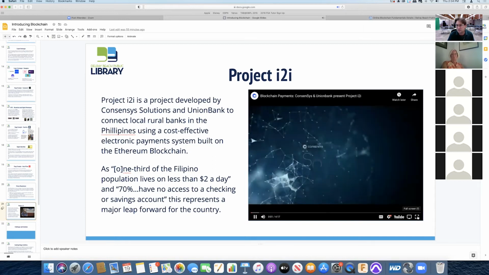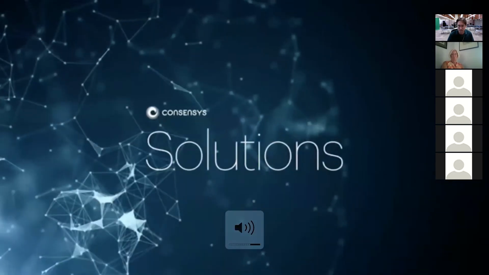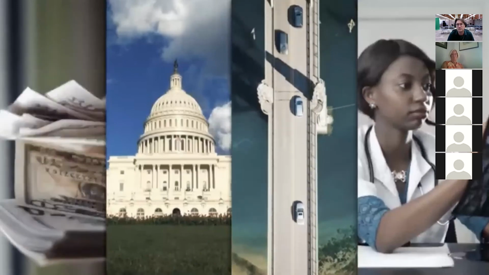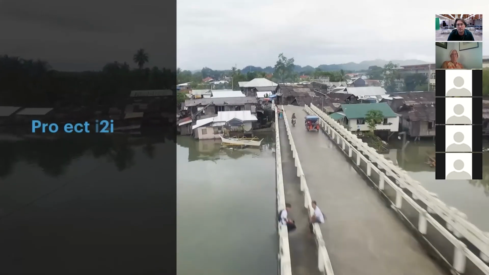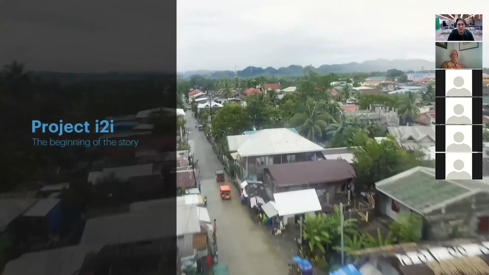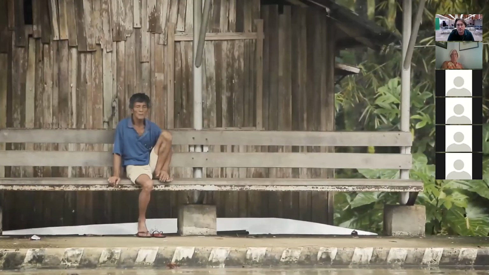When ConsenSys Solutions started, our objective was to build a competent entity that could interact globally across a lot of different verticals, certainly with focuses on banking. But the I2I project is currently focused on the Philippines, a wonderful country. It's the most heterogeneous population in Asia that natively speaks English. There's 110 million people. 70% of them are without financial services.